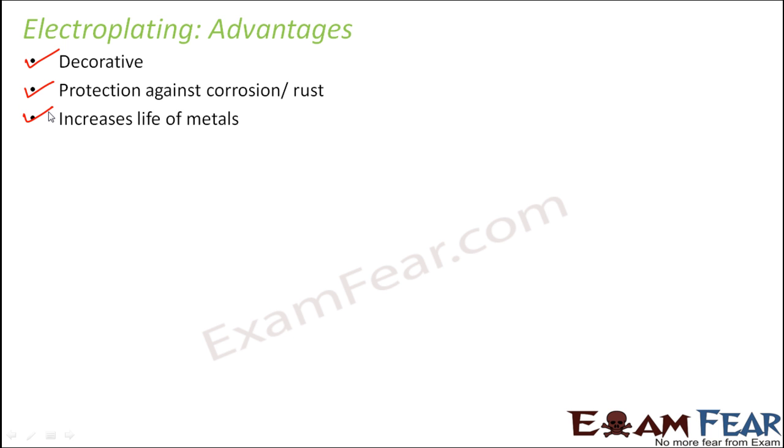Now, when a simple thin outer coating can prevent the rusting or prevent corrosion of the metal, that means you are also increasing the longevity of the metal which is present inside. Had the coating not been there, in that case that object would have got spoiled very soon, right? So that means also the life of the metals increases. Inexpensive jewelry can be made, as I was telling just now.